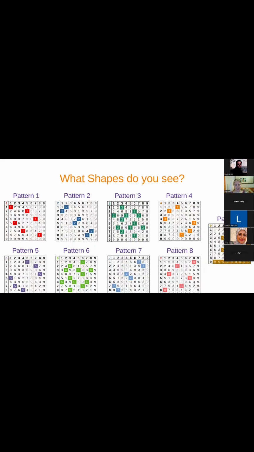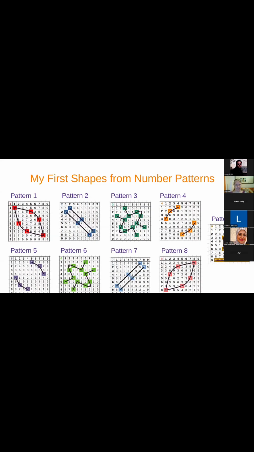So these are discovered now because we have shapes associated with them. It's much easier to see the patterns that are alike. For example, pattern number 1 looks very much like pattern number 8, and pattern number 2 looks very much like pattern number 7.